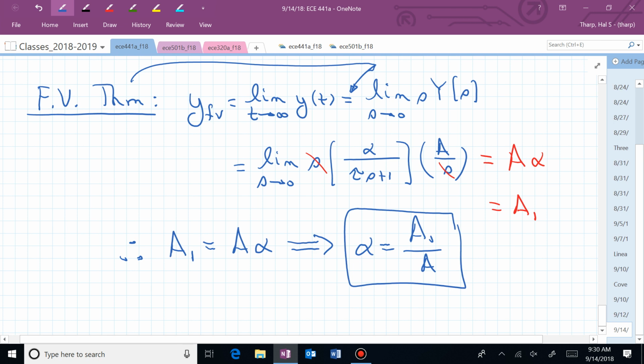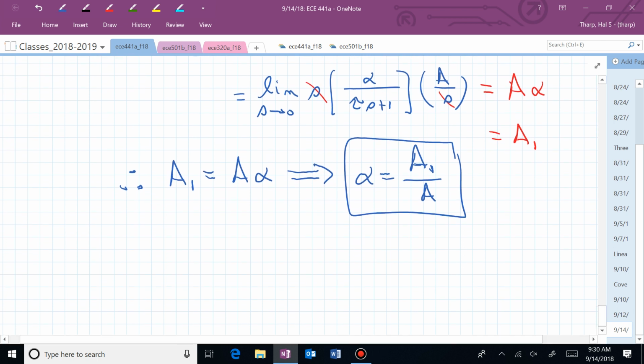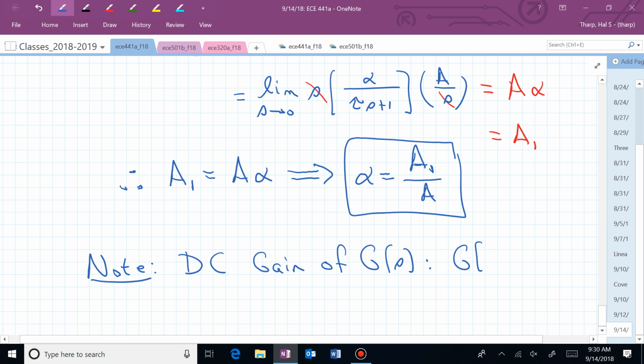Now we can solve for the DC gain. That's the ratio of where we end up to what we put in, in terms of constant. And I think I've already said this several times, but the DC gain of our system, the way we parameterized it, is simply alpha.